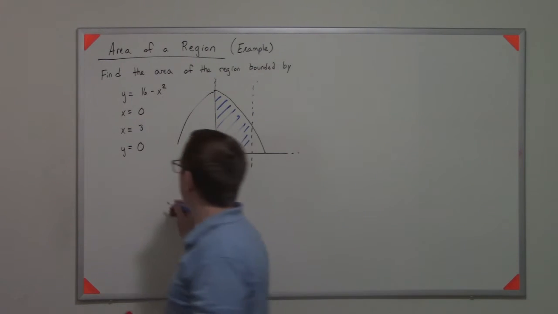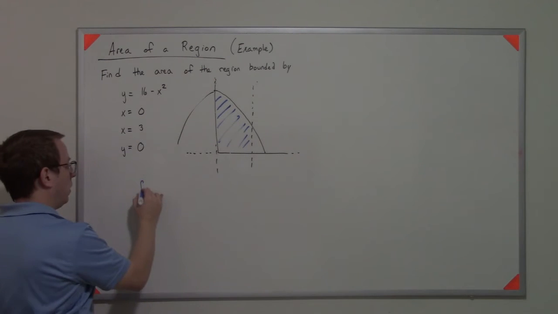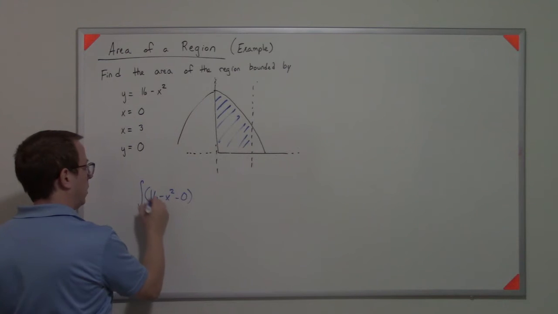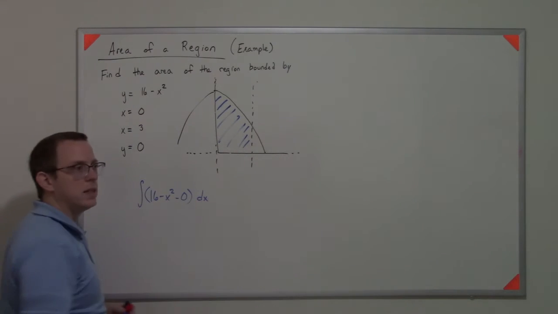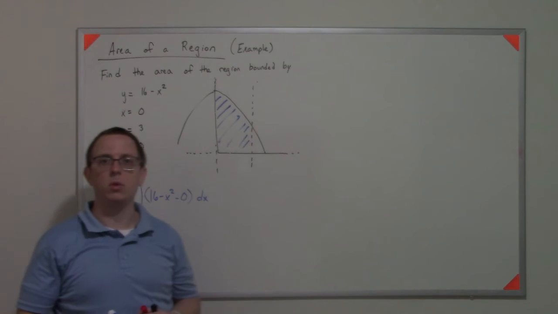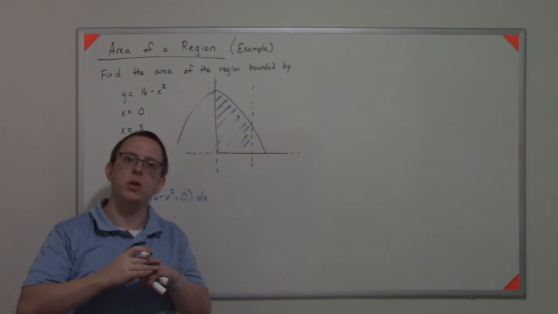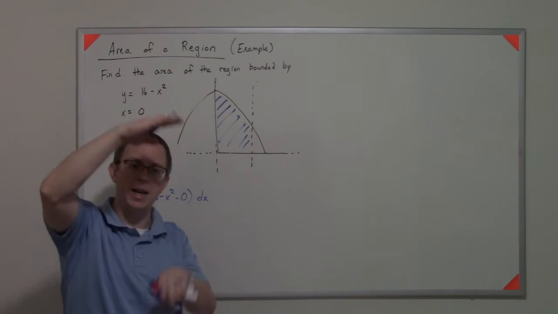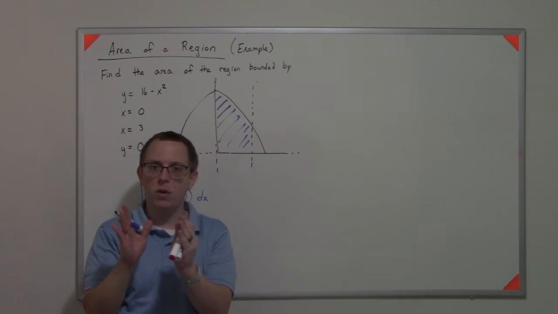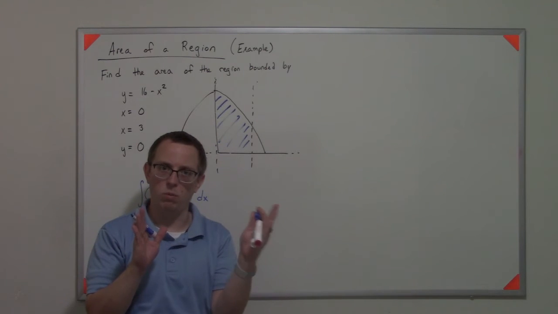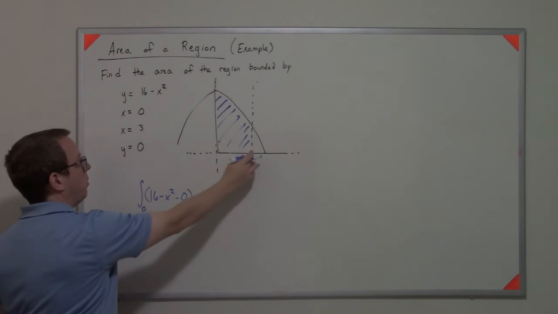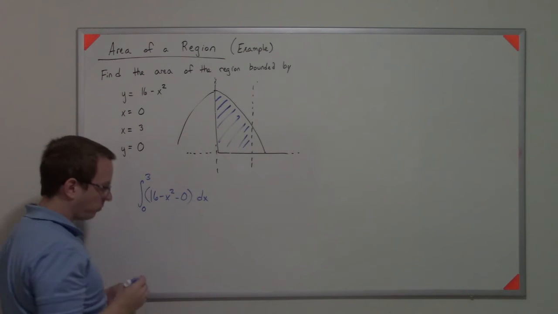So I could say that's the height. Now the integrand, that little piece there, you could think of in terms of area. That's your height, and then the width is how far in the x direction you go, and where do you start, where do you end? We start when x is 0, and we end when x is 3.